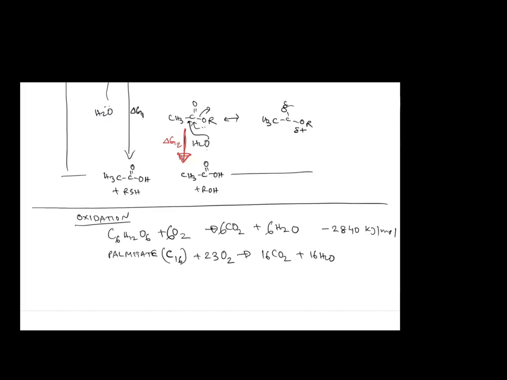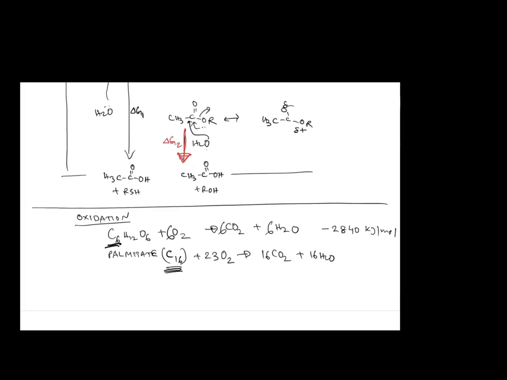Because you have more carbon here, 16 over here than 6, and much less oxygen than glucose, palmitate is more reduced than glucose, so you can oxidize it even more than glucose.